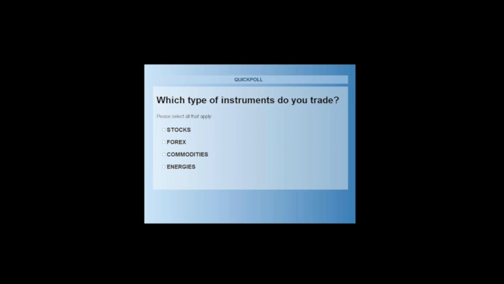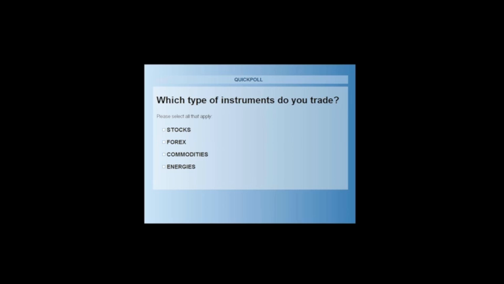Okay, so a huge majority is trading Forex, followed by stocks, and then commodities and energy. So I'm going to talk around Forex as well as stocks. I'll focus on some of the North American stocks as well and see where we go from there. Thank you very much to everyone for filling in that poll.